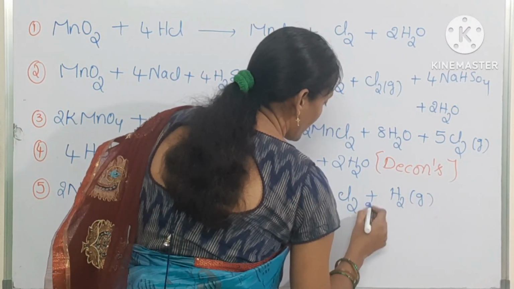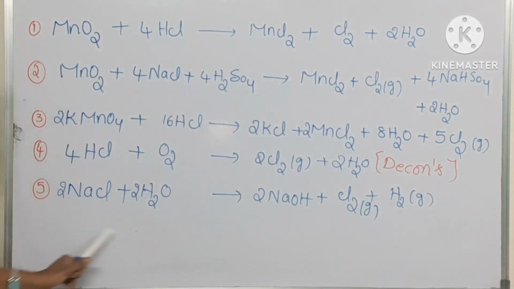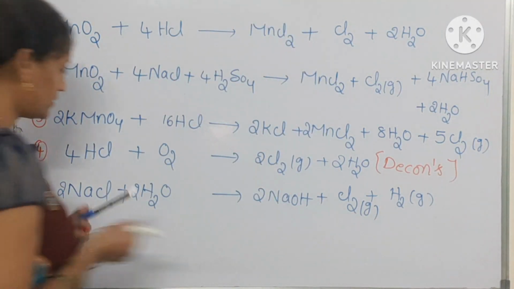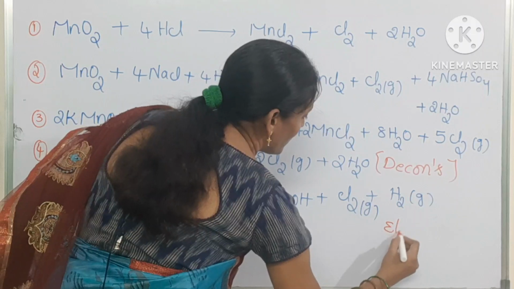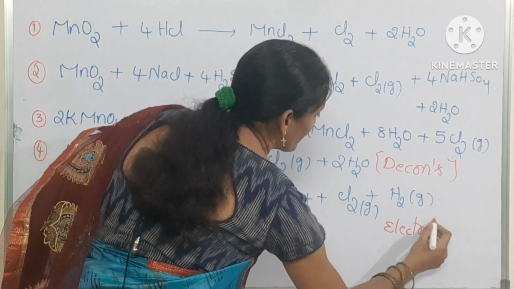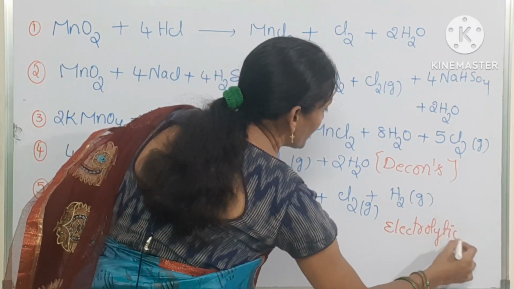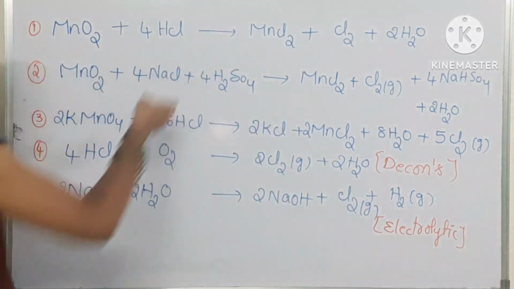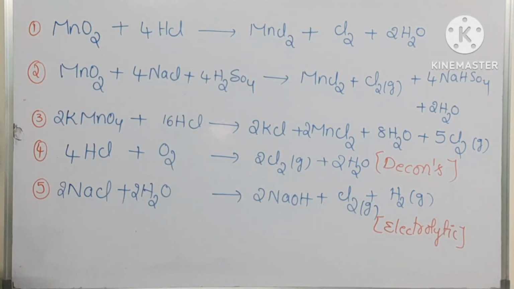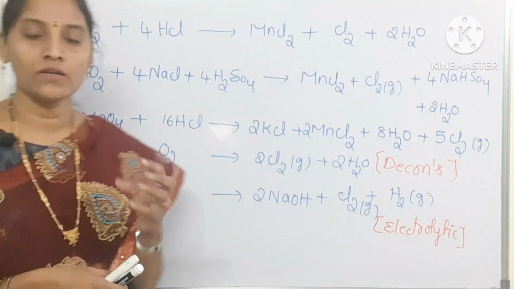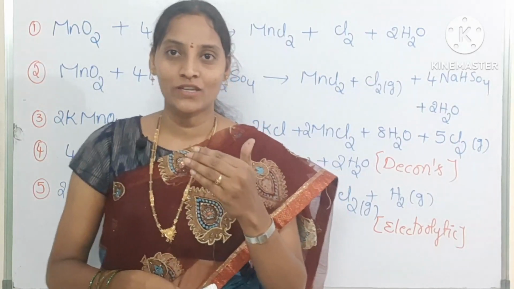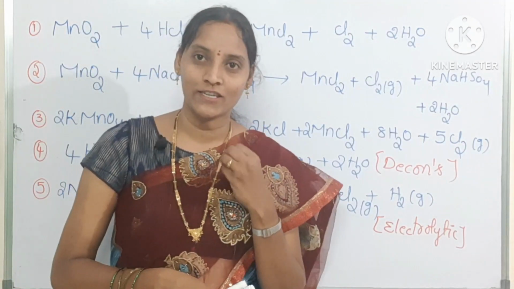This is the electrolytic preparation method. The previous three are the laboratory preparation methods, then Deacon's process, and this one is the electrolytic preparation method. We can see the next one, properties of chlorine and chemical reactions of chlorine.